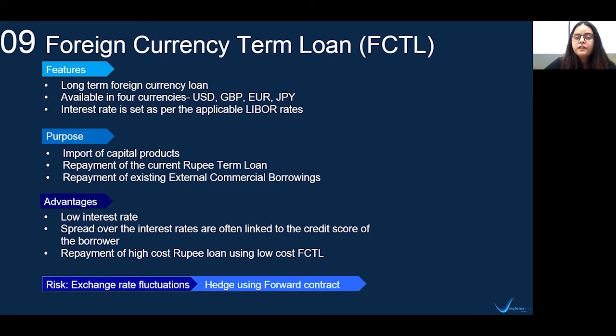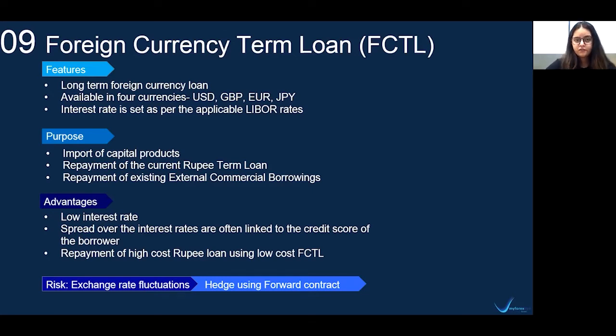The advantage of foreign currency term loan is that it is availed on lower interest rate, since interest rate in foreign currency is usually lower than INR interest rates. Also, the spread over the interest rates are often linked to the credit score of the borrower. Therefore, if you have a strong credit score, the spread will be smaller.